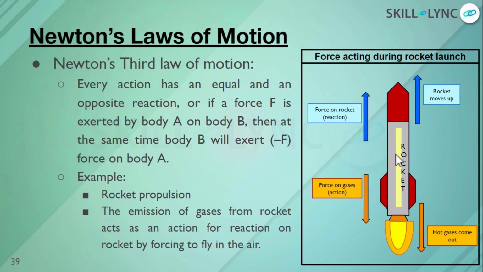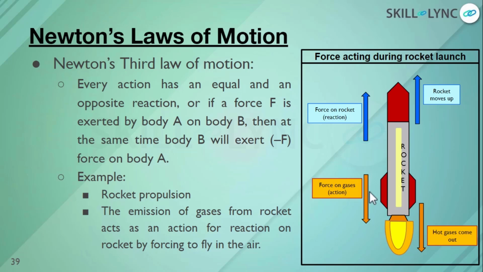As the rocket emits gases, it allows hot gases to come out from itself, and the reaction of this force would be the force on the rocket. Thereby the rocket will move up.